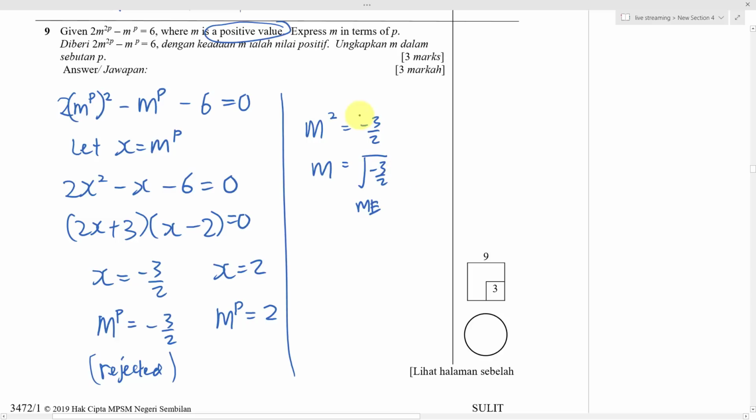But of course you might ask, how about p is cubed? If p is cubed, then we cube root it, isn't it? But if you cube root it, then this one will remain a negative value, because we cube root a negative value, we will get back the negative value, so it's not positive. That means most of the time, yep, it is not there.